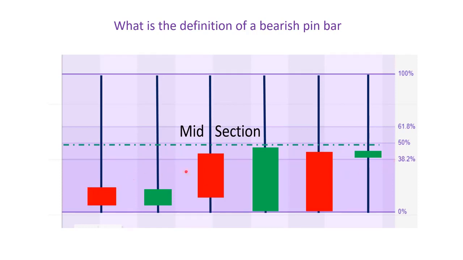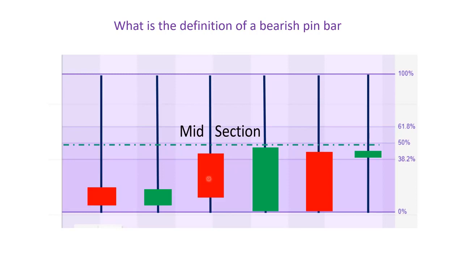So among these 6 pin bars, this is not a shooting star, this is not a shooting star, this is not a shooting star because the body is not below the 38.2%.